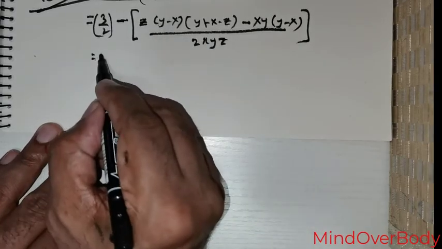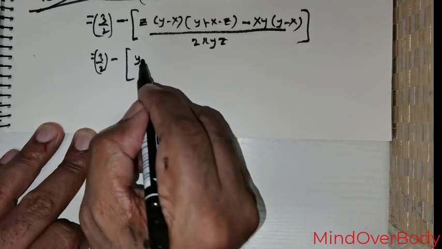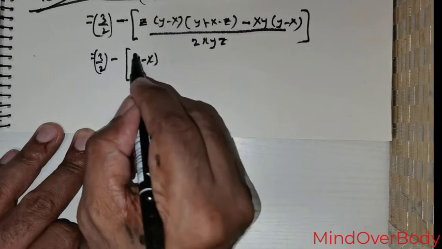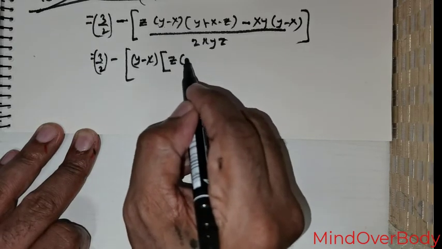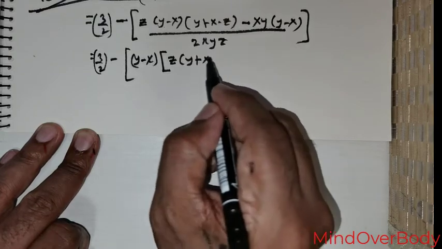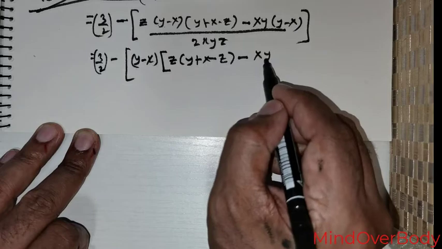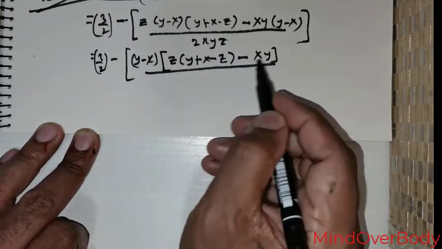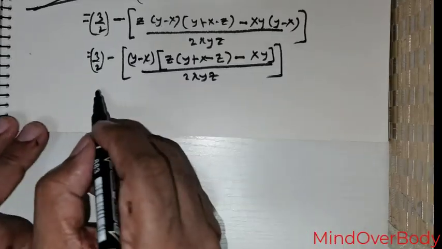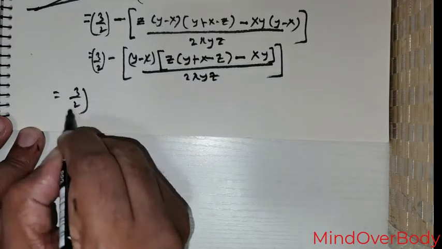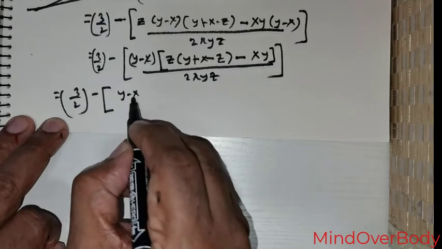Now I wish to take y negative x out. If I were to take y negative x out, I will get z of y positive x negative z, and then in this case it's negative xy divided by 2 times xyz. This is what I've got. So this is equal to 3 over 2 negative of y negative x.